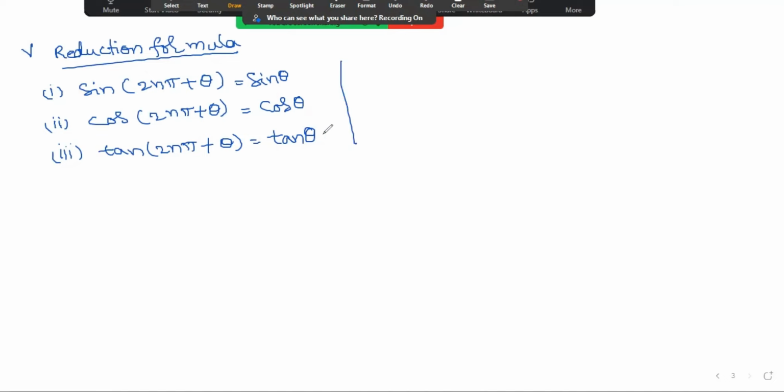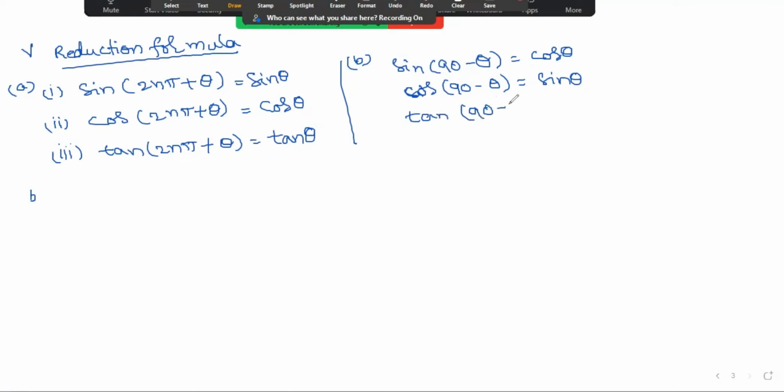Another set is there. If it is 90 minus theta, this is set A, and if we have set B, it is 90 plus theta. Sine of 90 minus theta, in the first quadrant, will come as cos theta, cos of 90 minus theta is sine theta. Whenever we take 90 plus theta, this one will get negative and this one also will get negative.